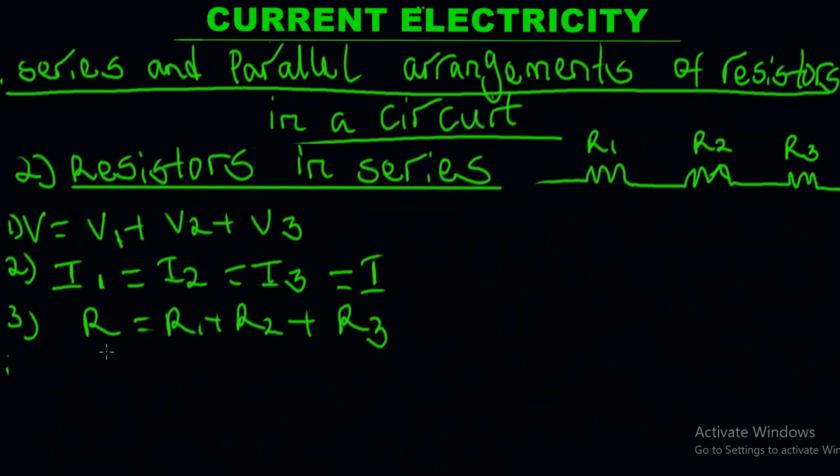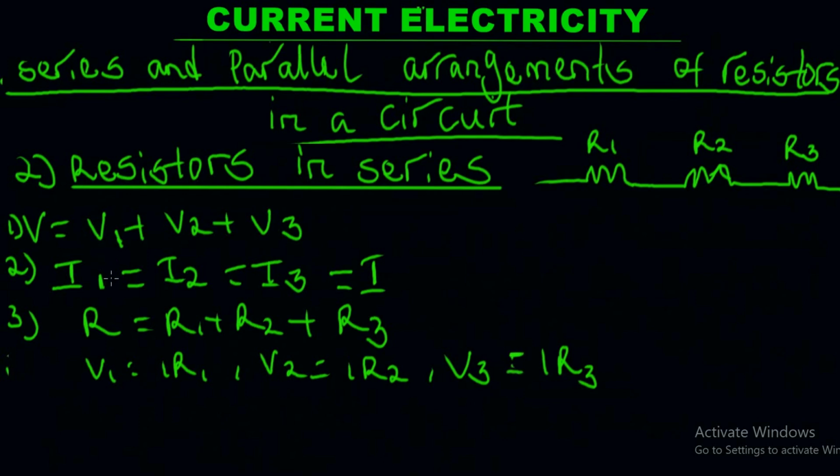Unlike the parallel connection, we just have R1 plus R2 plus R3. So for resistors in series, V1 is equal to IR1, V2 is equal to IR2, V3 is equal to IR3. This tells you that since the voltages are different, we can use this formula according to Ohm's law, V is equal to IR, to get the voltage across each of these resistors, in case you are asked.